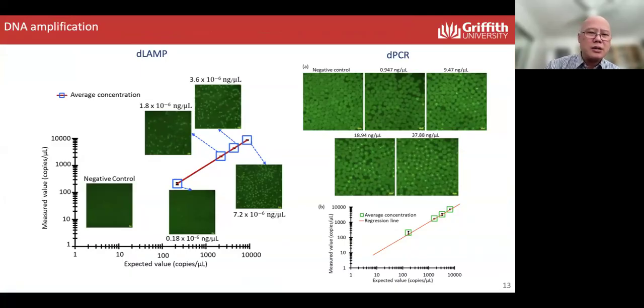I can see in this graph for PCR and LAMP amplification that the number of bits which light up are the bits which initially contain one single molecule of DNA, and this correlates very well with the actual concentration we know. So the test showed there's a linear relationship for both PCR and LAMP.